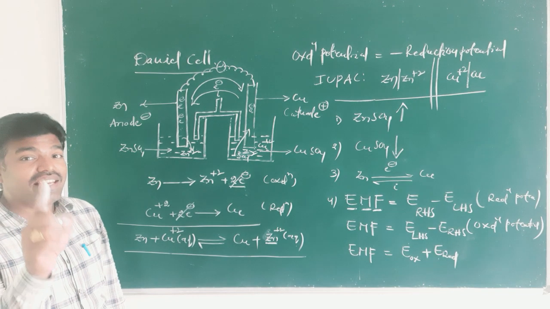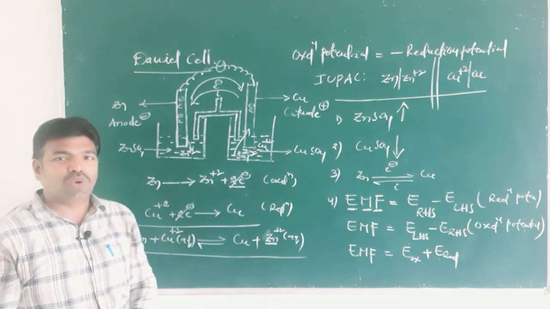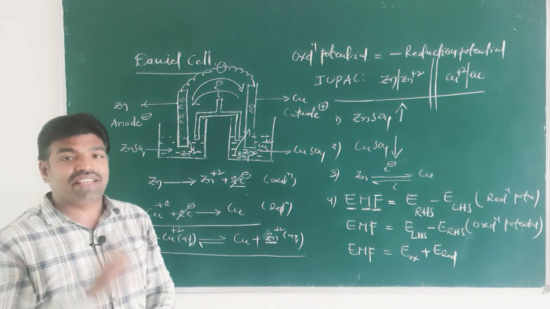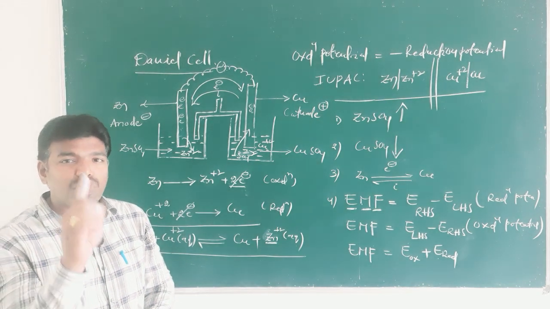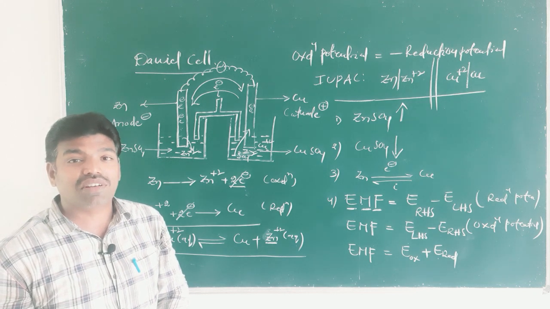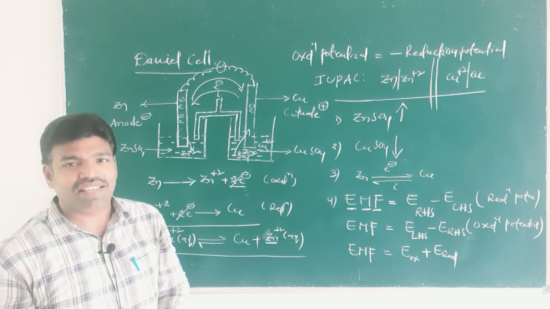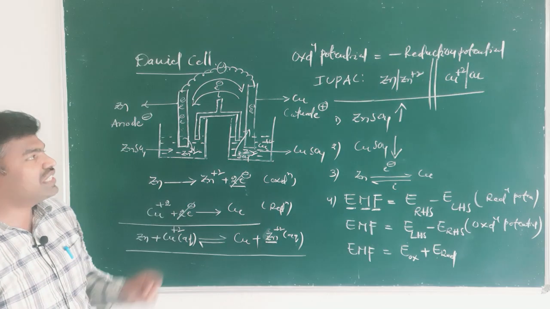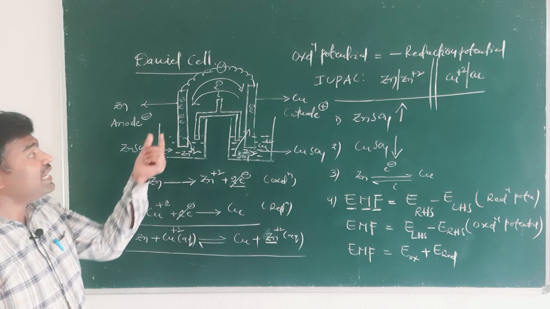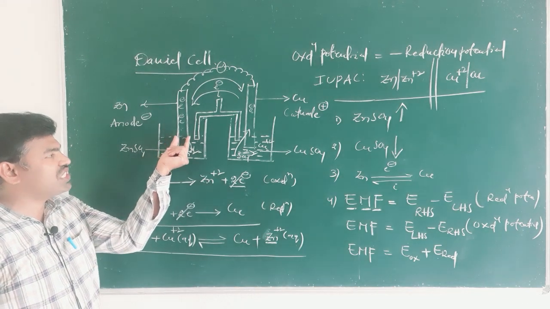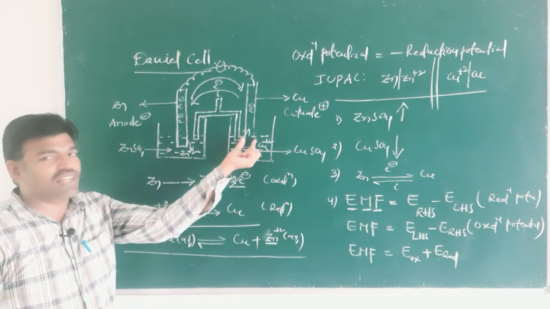So let me conclude this lecture. Daniell cell is a device which makes use of spontaneous redox reaction for the generation of electricity, right? In the next classes we shall go through the single electrode potential. Already I told you that this is the oxidation potential and this is the reduction potential.